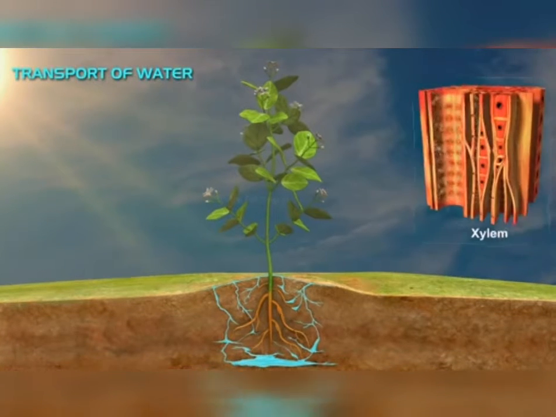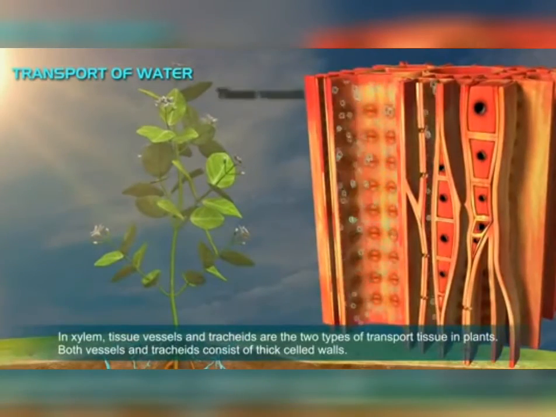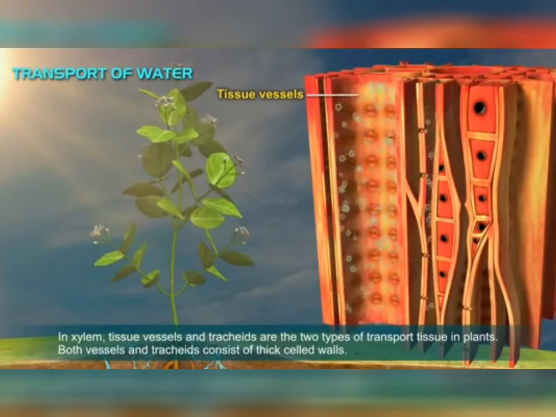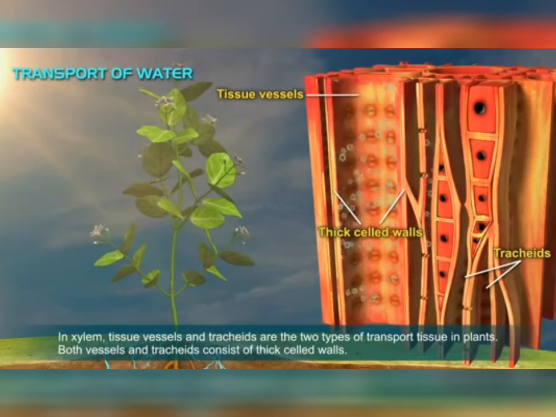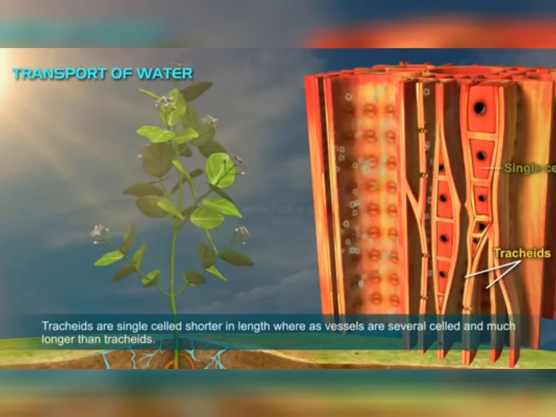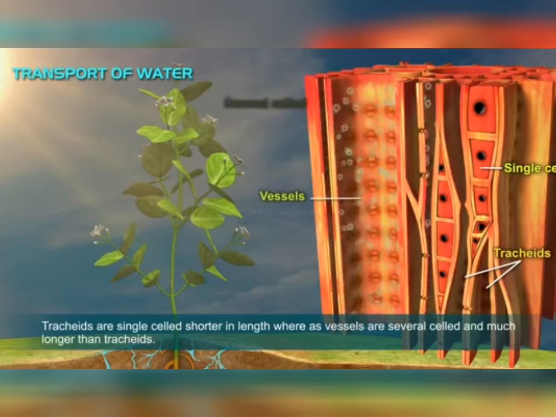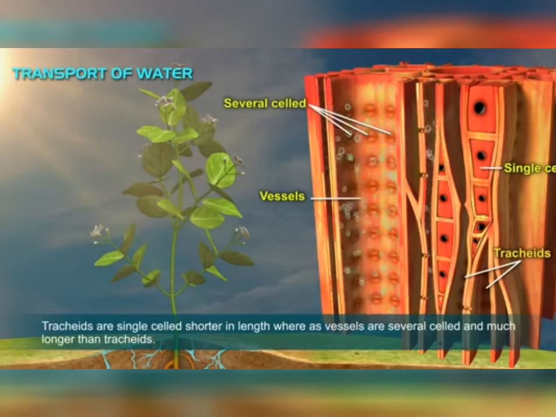Transport of water. In xylem tissue, vessels and tracheids are the two types of transport tissue in plants. Both vessels and tracheids have thick cell walls. Tracheids are single-celled and shorter in length, whereas vessels are several-celled and much longer than tracheids.